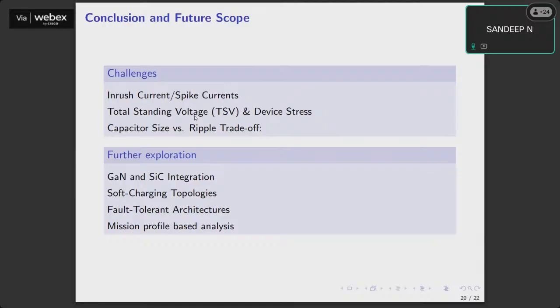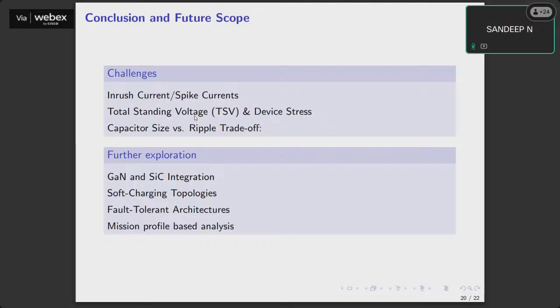Right? So that is going to eventually increase their switching losses, and eventually it is going to increase the cost, right? Or if you want to use similar kinds of devices, then you have to go for a series connection of devices. So all those things have to be taken care of.